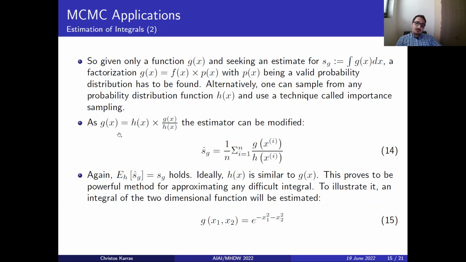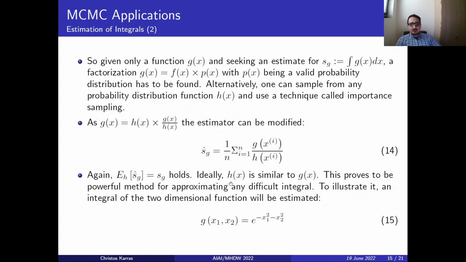As g(x) equals h(x) times g(x) divided by h(x), we have the estimator, s hat g, which is basically as in the previous example. So again, the estimator s hat returns us to the initial estimate for s(g).